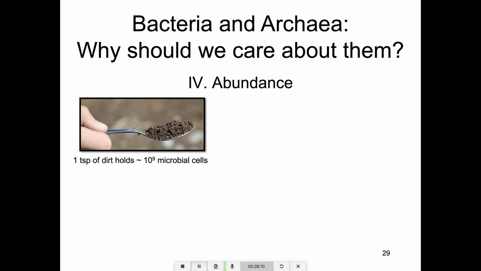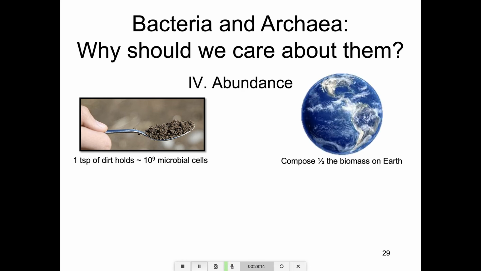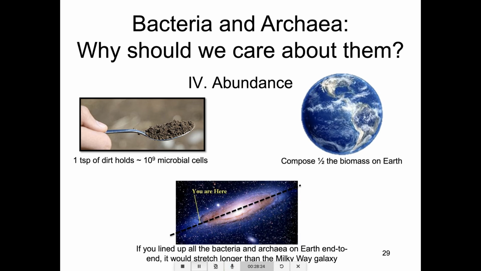Because the cells are so tiny, we can find tons of them in even the smallest little piece of dirt. And in fact, they compose half the biomass on Earth. So half the total living cells on Earth by weight are prokaryotic. And if you were to line up all the bacteria and archaea on Earth from end to end, it would stretch longer than the Milky Way. So this just goes to show you the huge amount of abundance of these organisms.